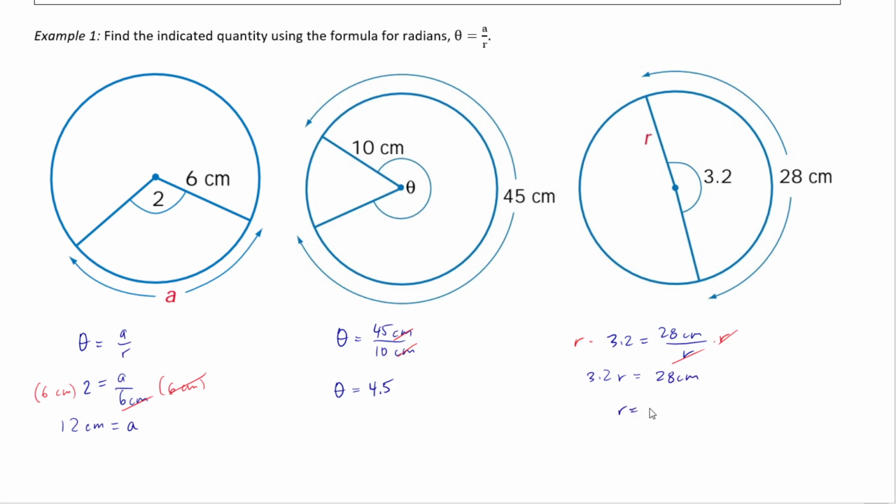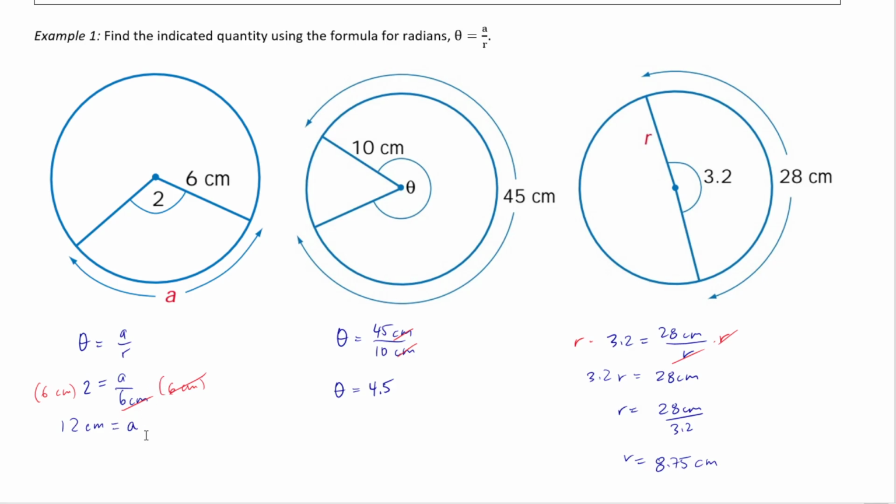Then r should just be equal to 28 centimeters divided by 3.2. So r is equal to 8.75 centimeters.